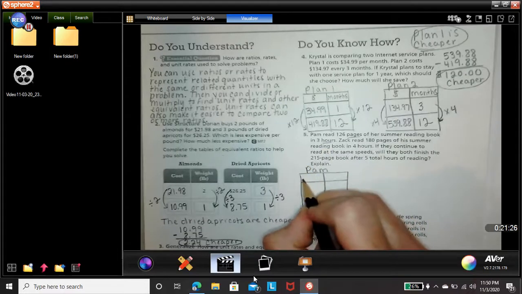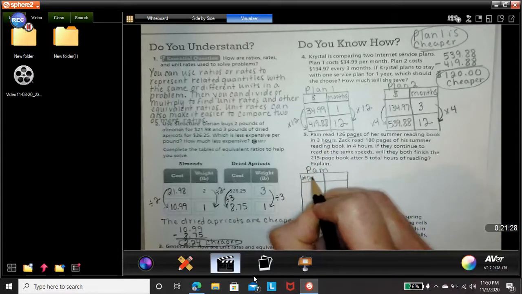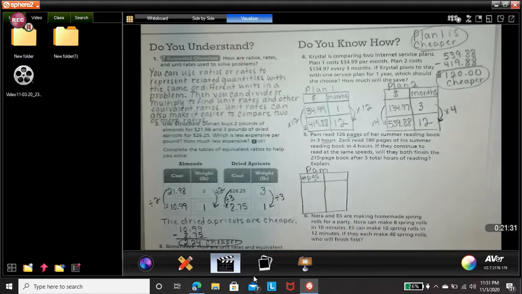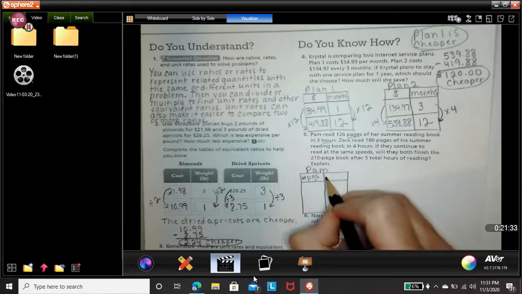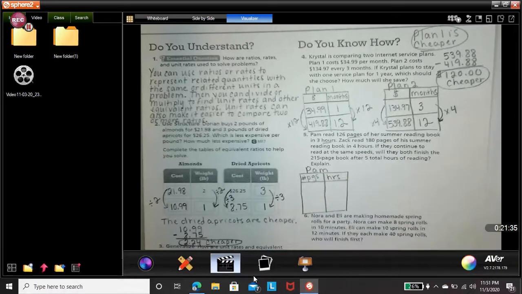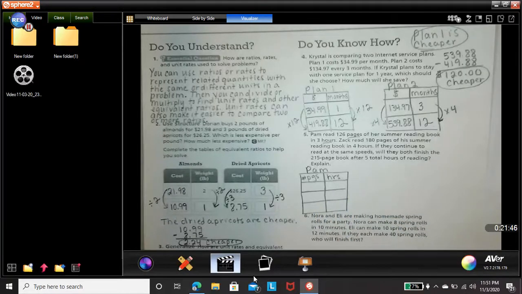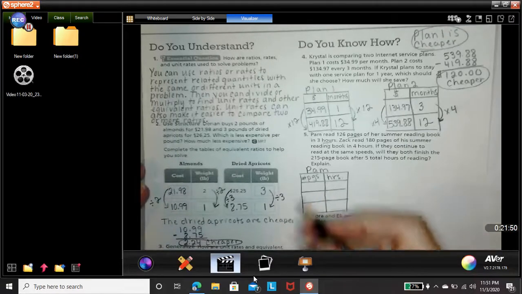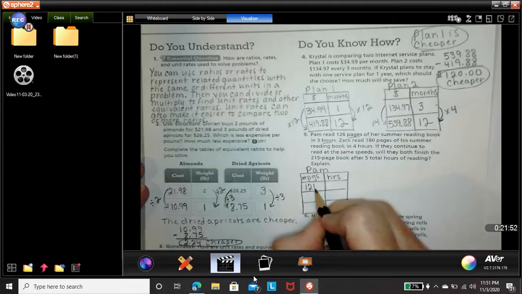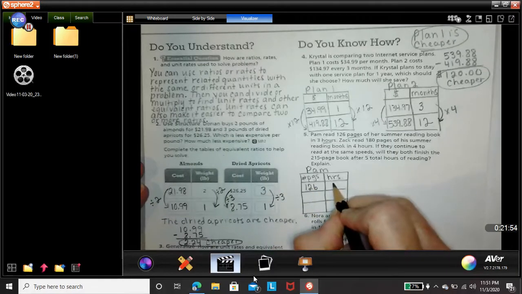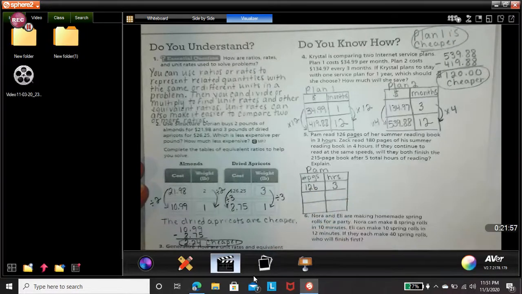So we're going to write number of pages, we'll abbreviate, and number of hours. Now here we're going to need to split our table into 3 more rows. The top row is where you fill in the information you're given. So we have 126 pages, and that was for 3 hours.